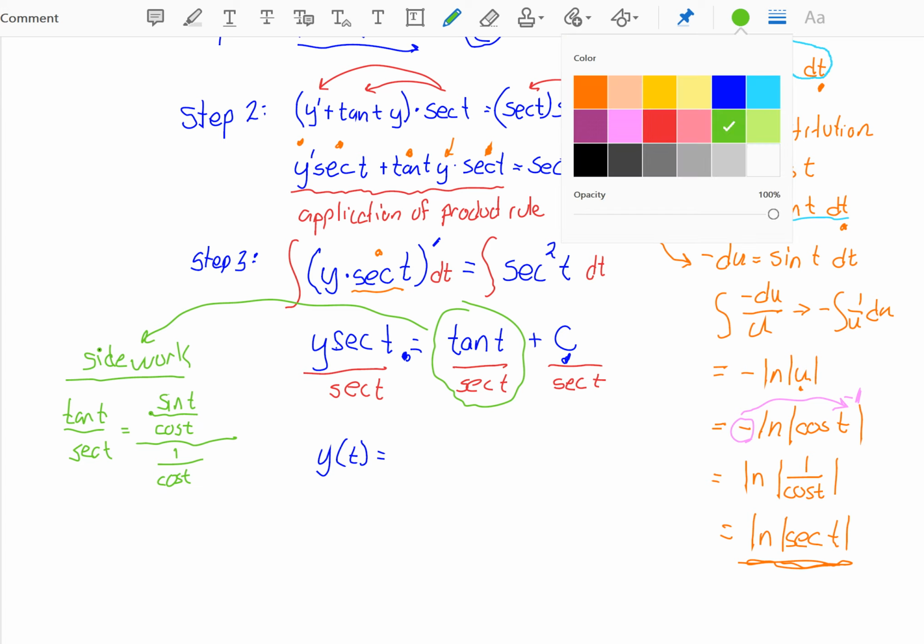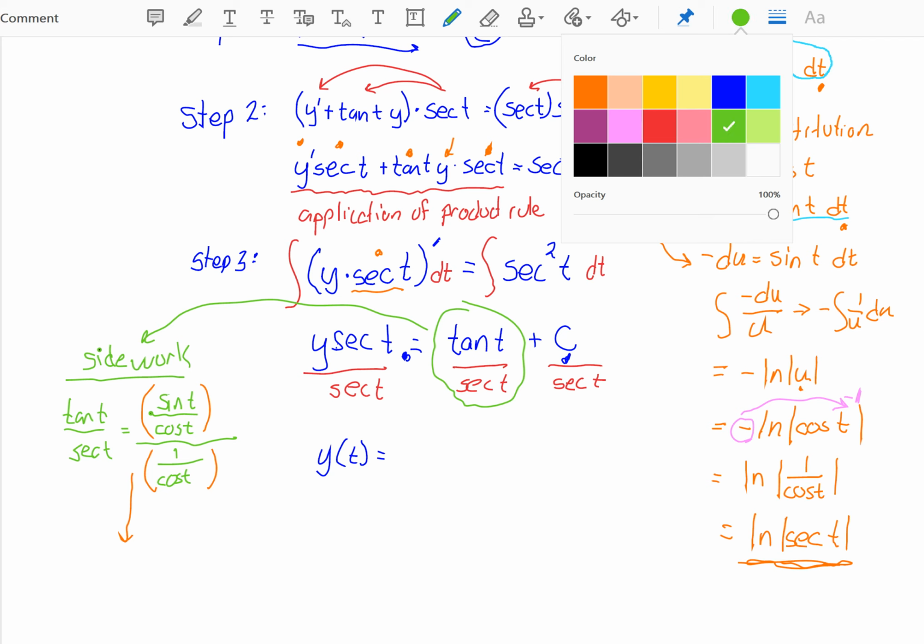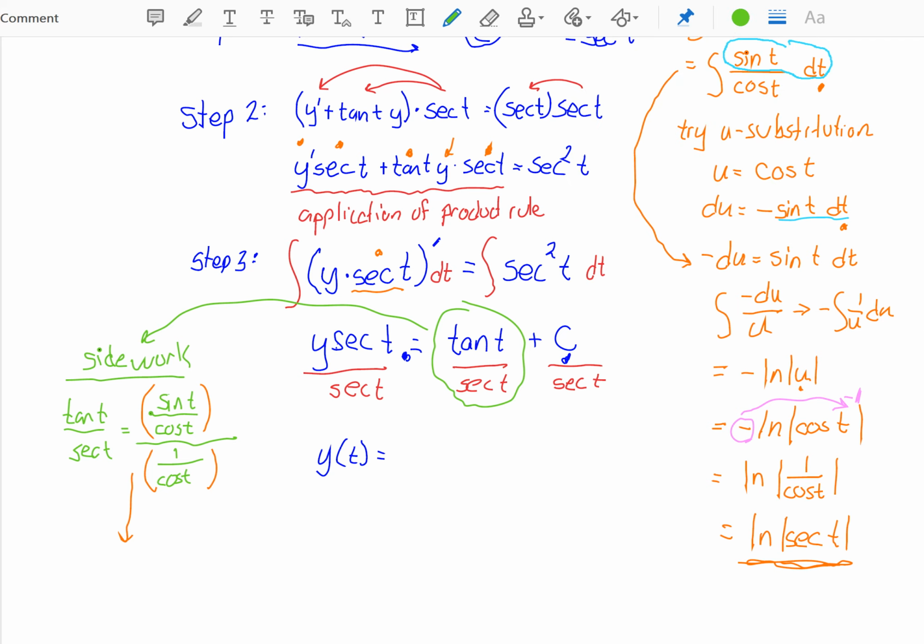You probably want to recognize that this is a complex fraction. It's a fraction divided by a fraction. So remember, when you're working with complex fractions, you will generally multiply by the reciprocal of the bottom.